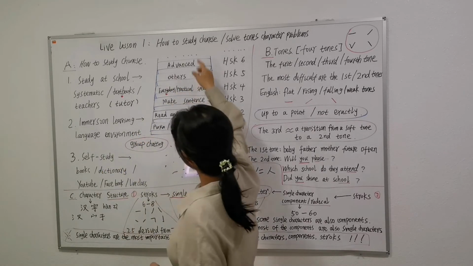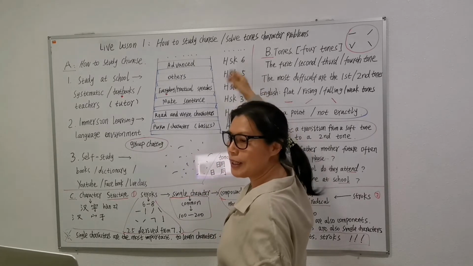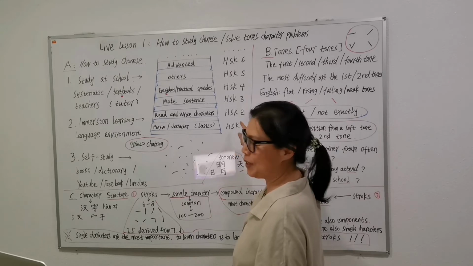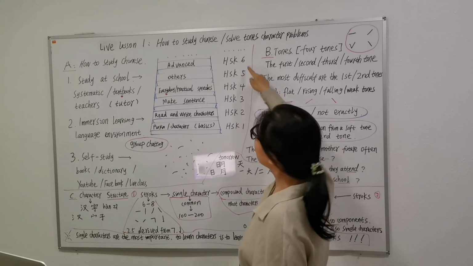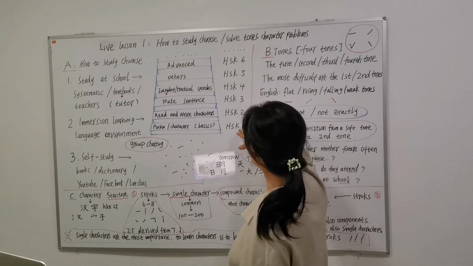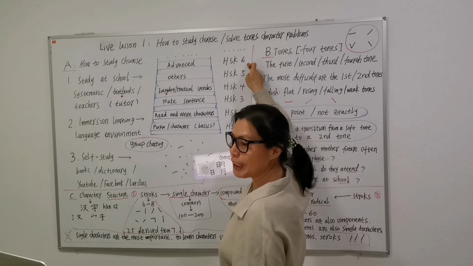This is one system. Look here, we have another system. We call it the HSK system. Look at the numbers. You know it's easy to follow. From HSK1 to HSK6.